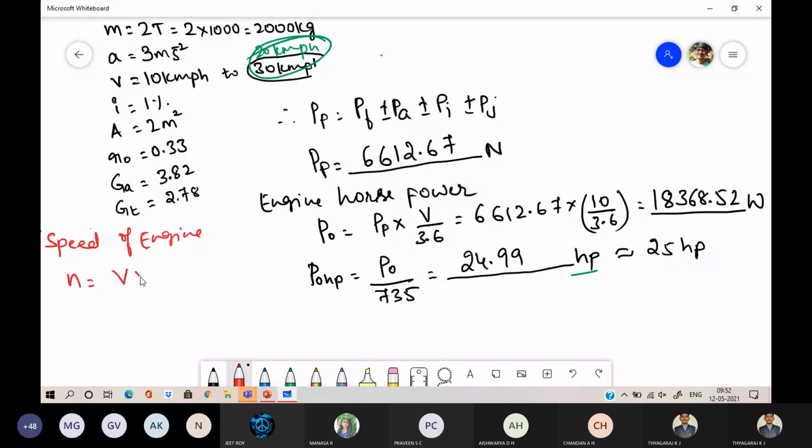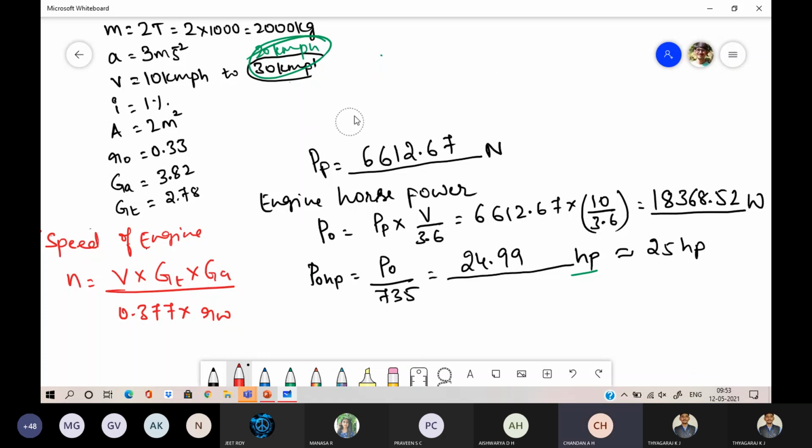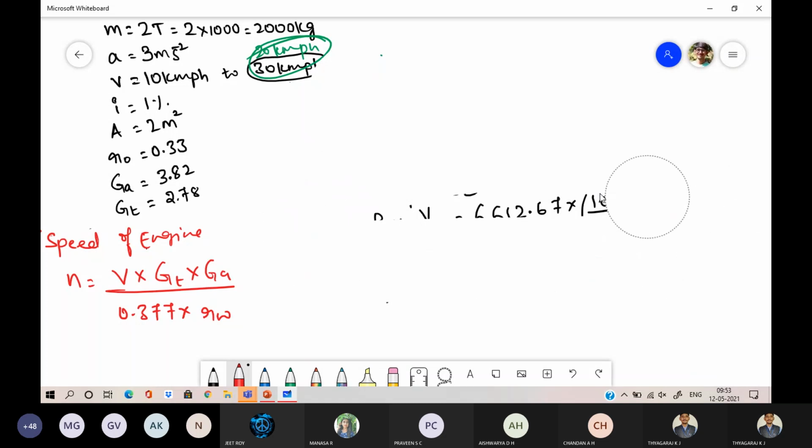N is equal to V into GT into GA divided by 0.377 into RW. Now, shall I erase this one? Yes, sir. Okay. Now, this is the formula for speed of the engine.